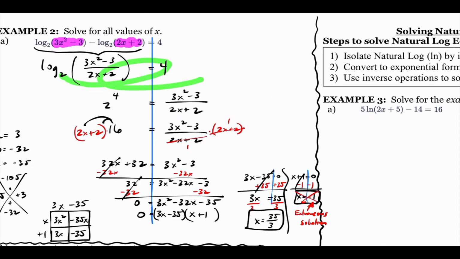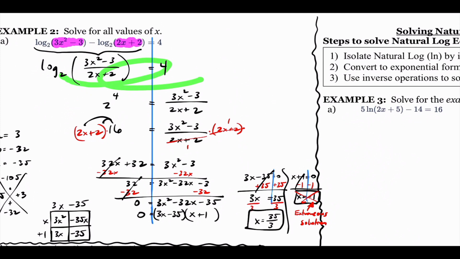The other one does. So on Delta Math, you would only put one box. 35 divided by 3, hit enter twice, you're done. If you were to put both answers, you would get it marked wrong because one's extraneous. Always check for extraneous with logs.